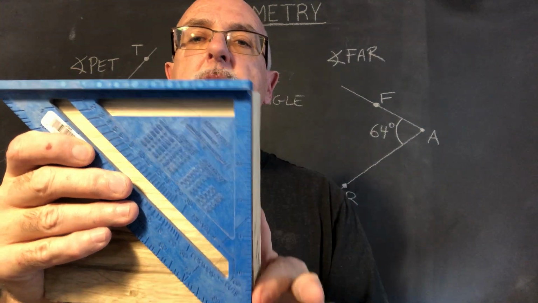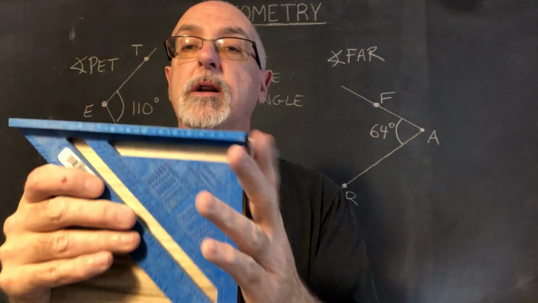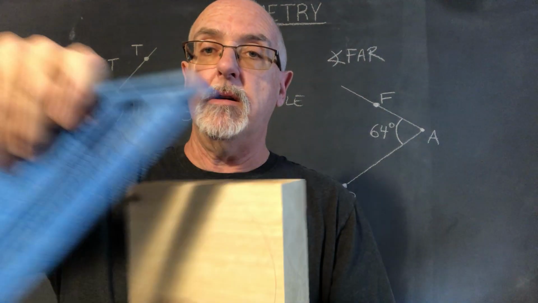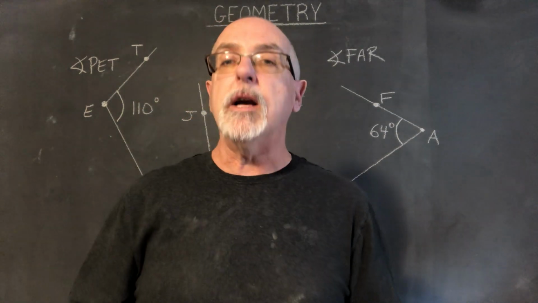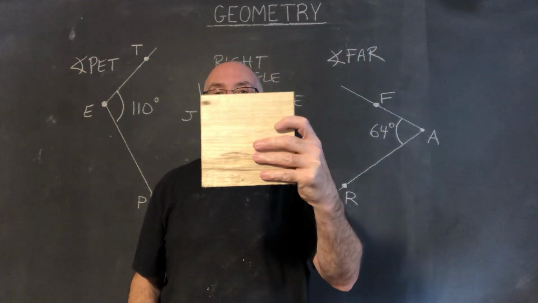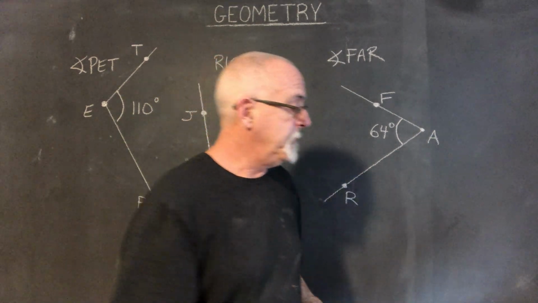And then you can see that this side goes very nicely along where the adjacent side has been cut. I can turn this around and do the same thing over here. What I'm doing is checking if the angles on the corners of this block of wood are square, if they are 90-degree angles.